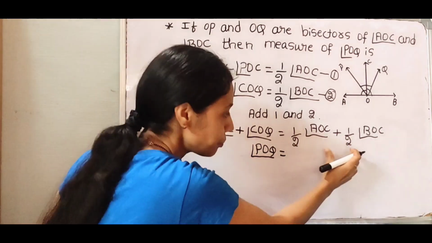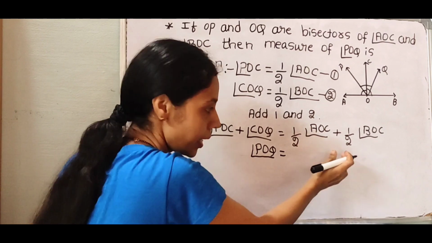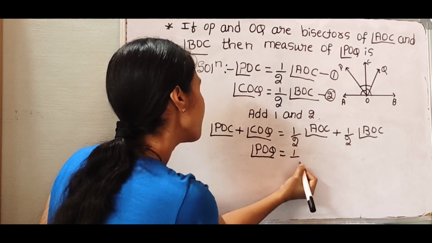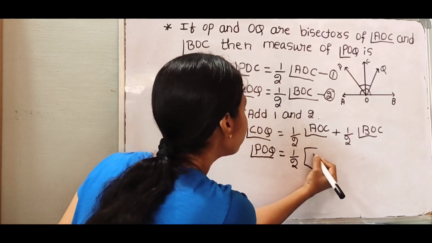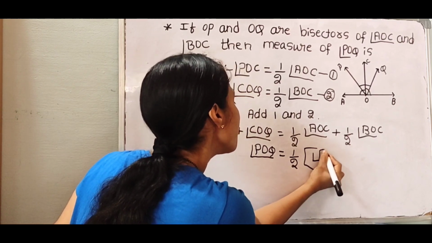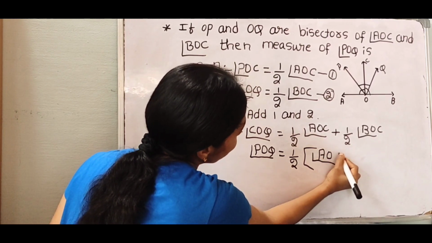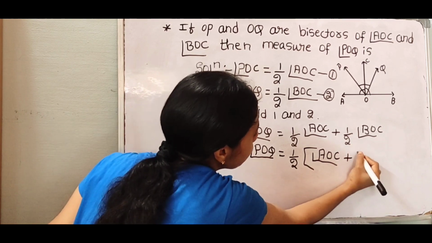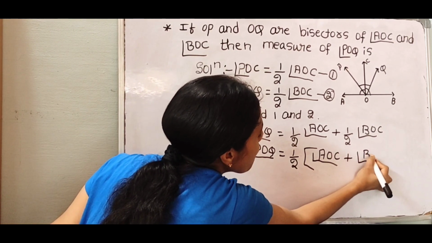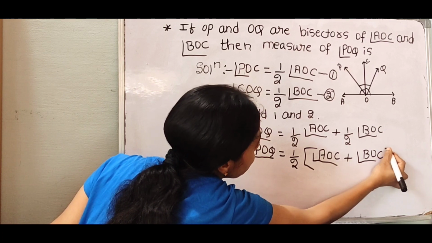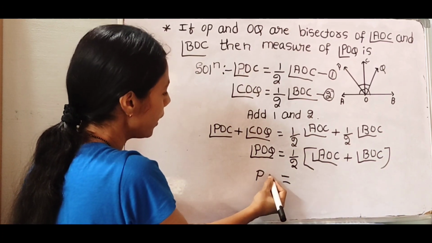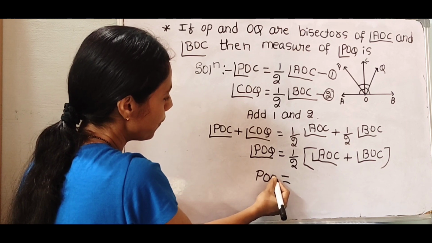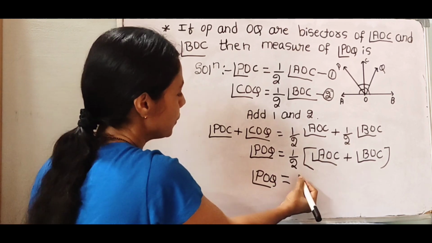See, these two are the same. So, 1 by 2 into angle AOC plus angle BOC. So, angle POQ is equal to half.